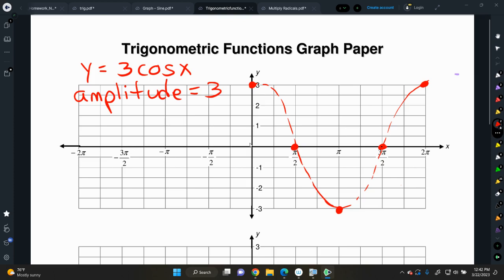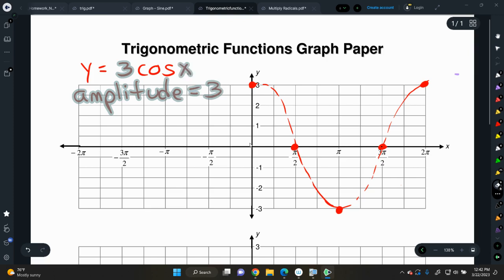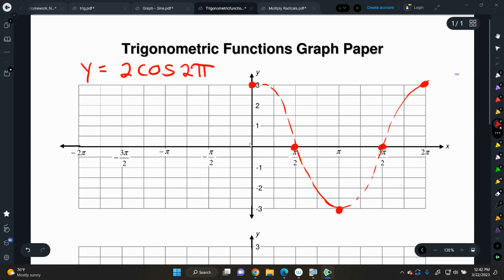Okay, let's do another one. Let's do y equals 2 cosine 2 theta. I'm sorry, 2 theta, not 2 pi.